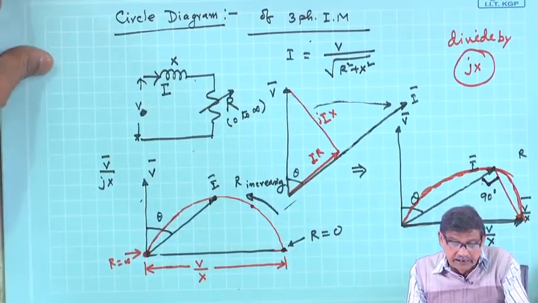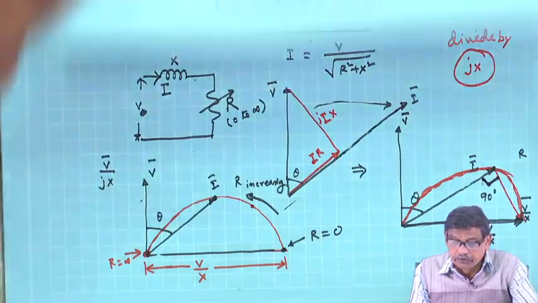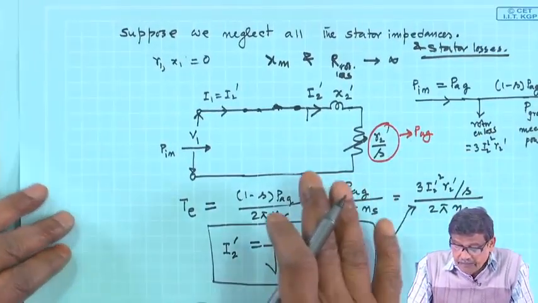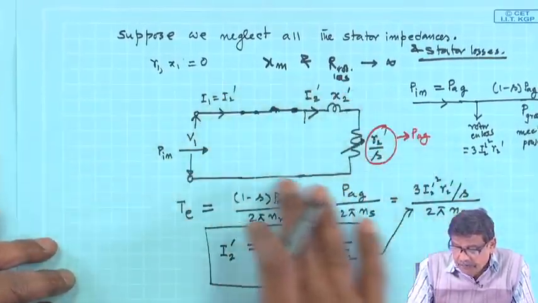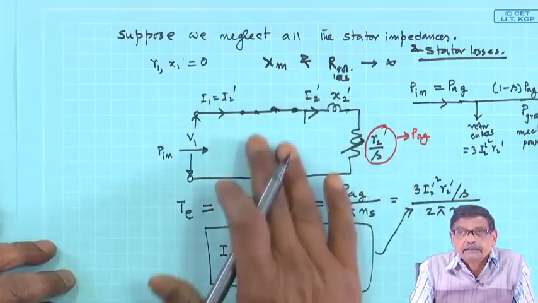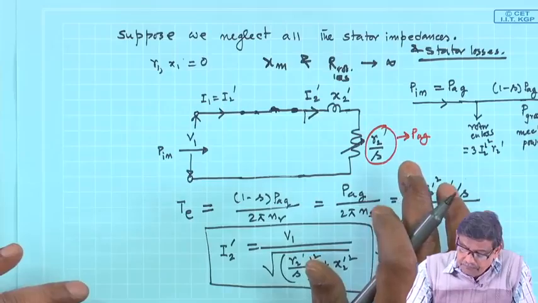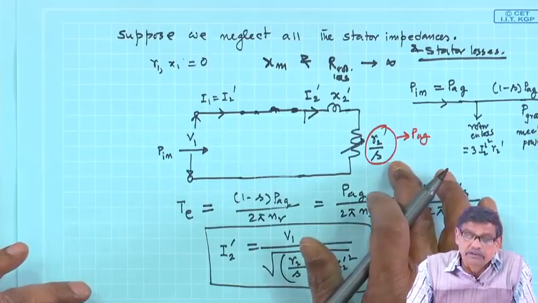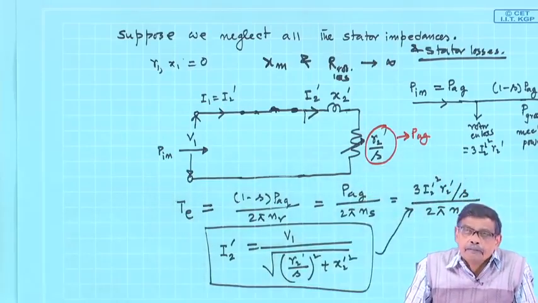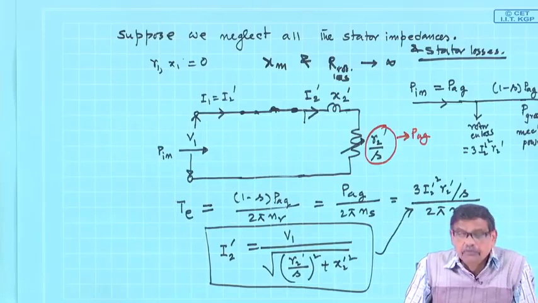Now, the circle diagram of a 3-phase induction motor in its simplest form can be obtained when the circuit is like this. In this circuit, you see slip decides the operating point. Slip value can change from 0 to 1.